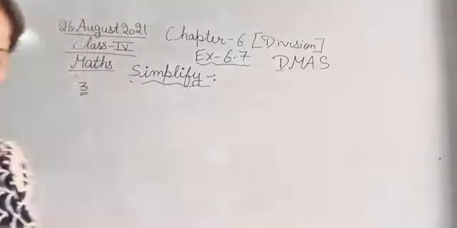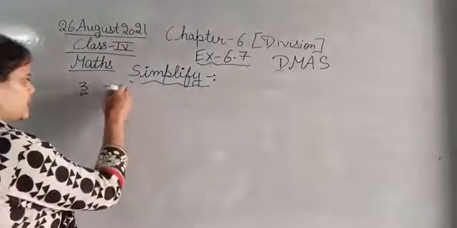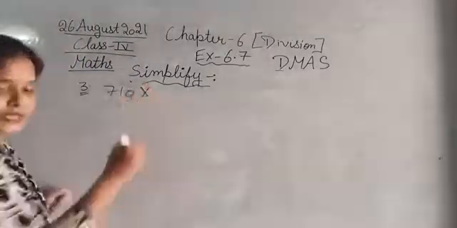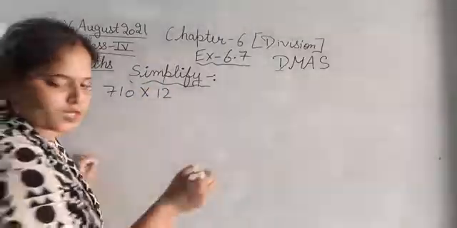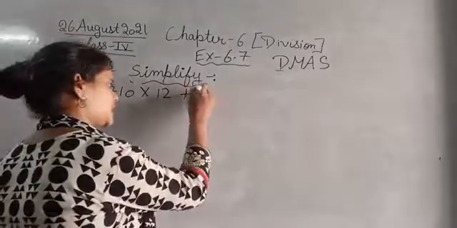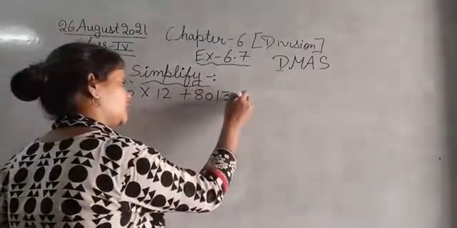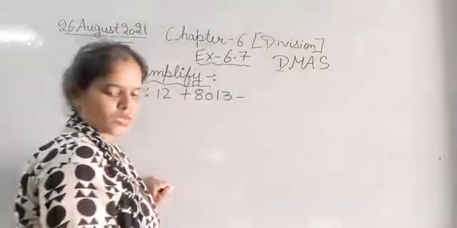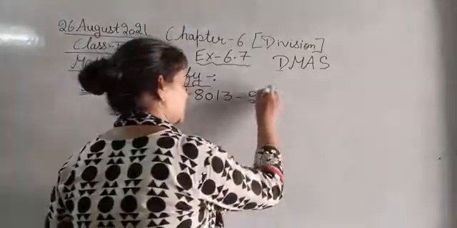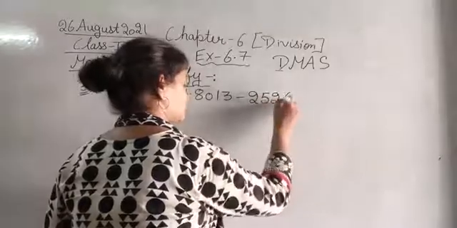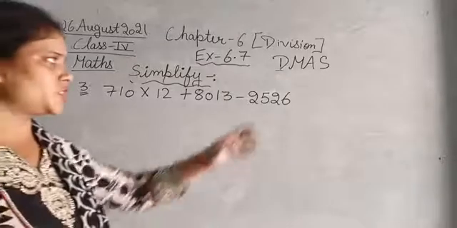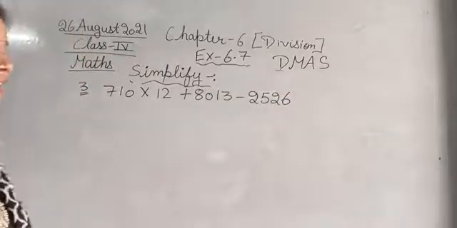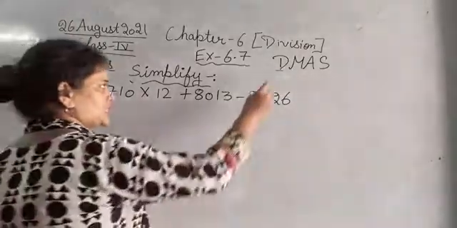So let's do it. 710 multiply 12 plus 8013 minus 2526. Okay, let's solve this. Again, simplification, so we have to apply DMAS, obviously. D stands for division.